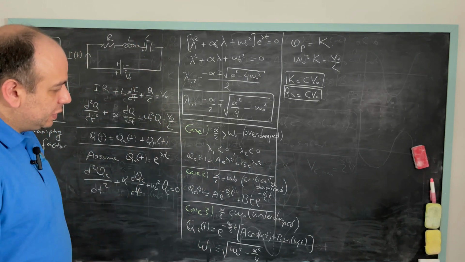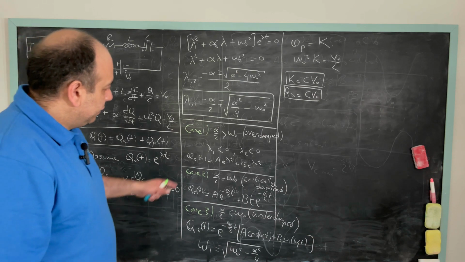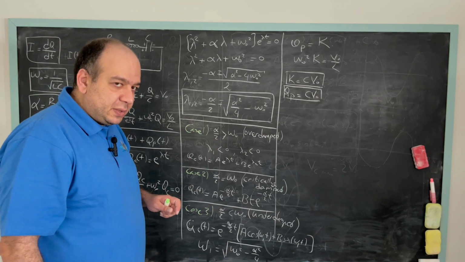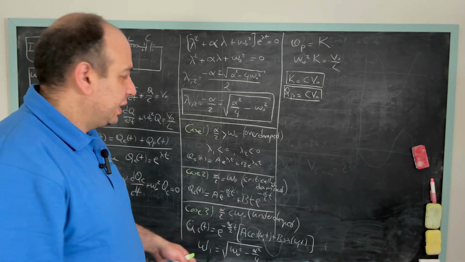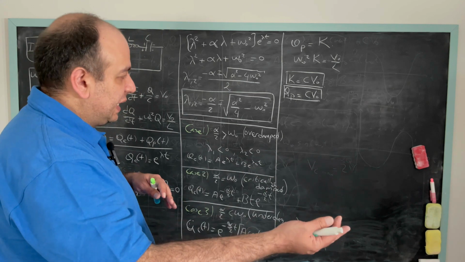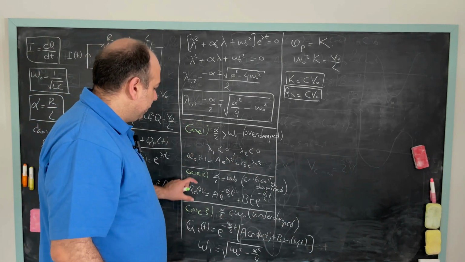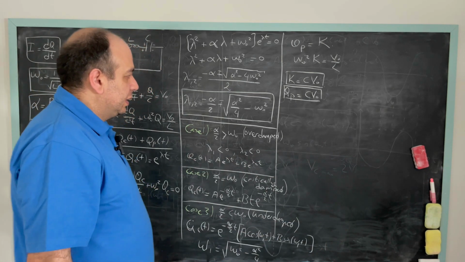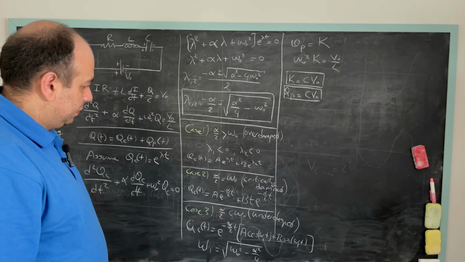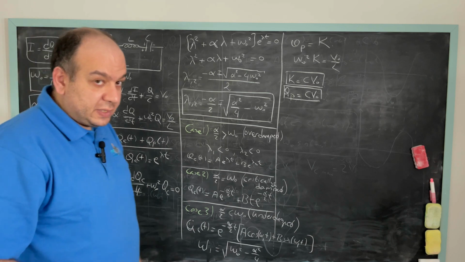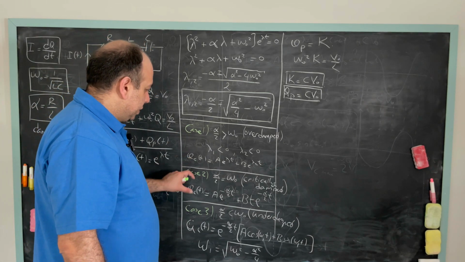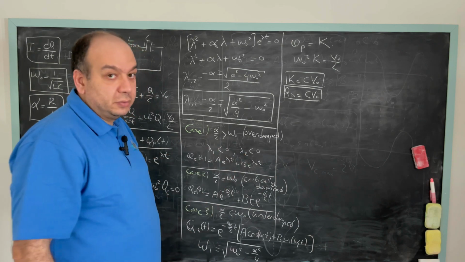One thing that we need to see here is that whichever damping we may have, the complementary solution always tends to 0 as time t goes to infinity. So if we wait long enough, we do not see any of these solutions in our general solution.